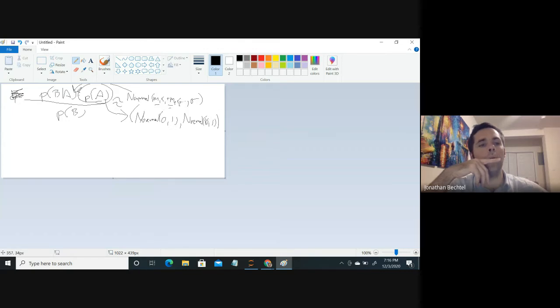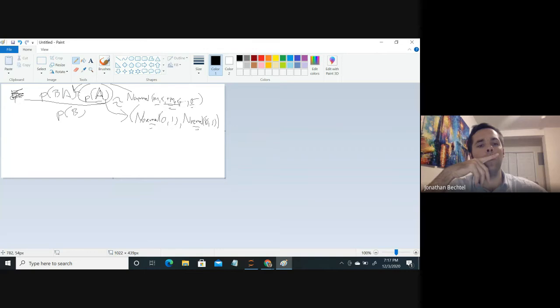So the way you actually sample from this, Devin, is if we had two columns in our data set, we would sample two values from this corresponding distribution right over here. Then we would plug them into this expression right over here.